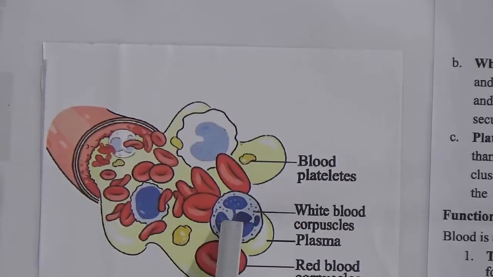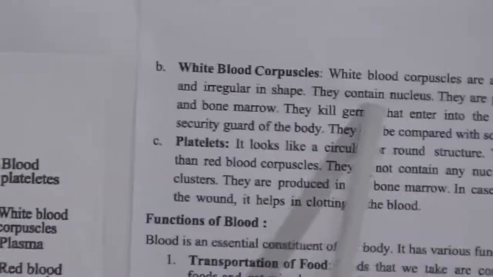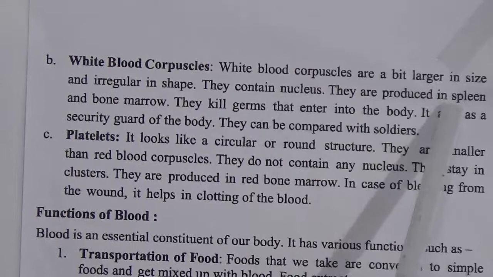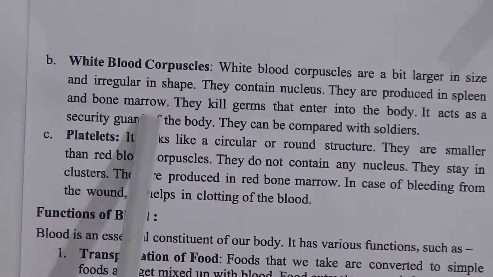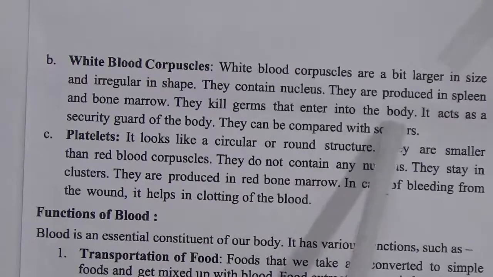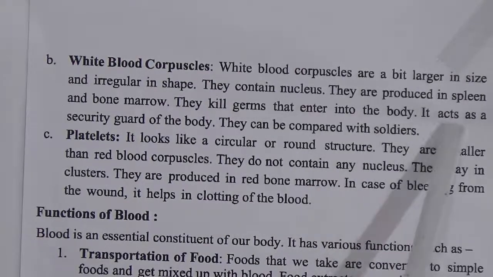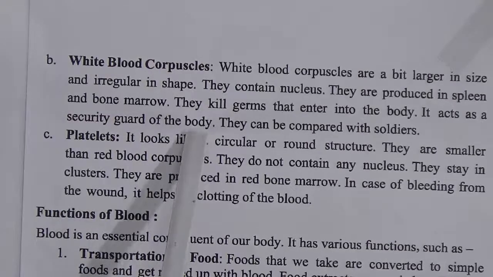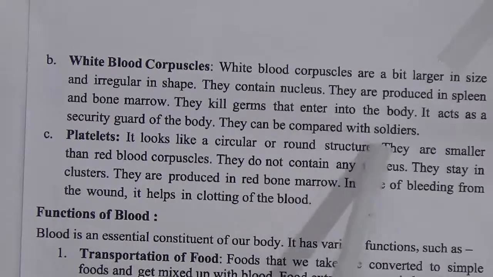It has a nucleus inside it and it can change its shape. They are produced in spleen and bone marrow. They kill germs that enter into the body. They act as a security guard of the body and can be compared with soldiers.